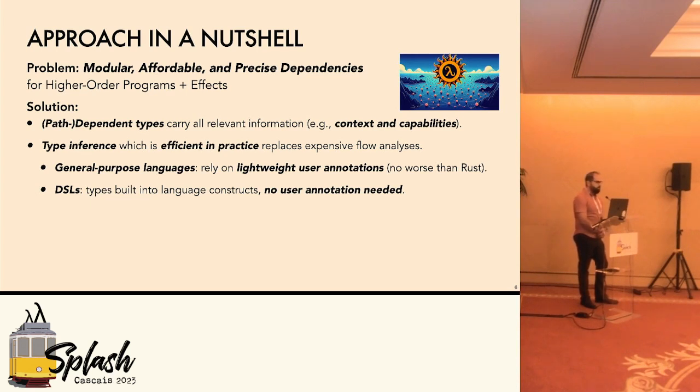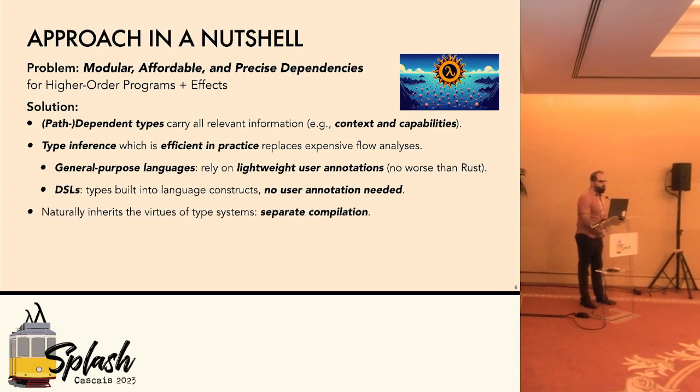There are two modes of use here that we propose. For general purpose languages, we rely, like in the usual type inference case, on lightweight user annotations that also serve as documentation, and it is no more complex than Rust. And in more specific cases like DSLs, we can use the constructive nature of DSLs to hide the information for dependencies from the users and just leverage the constructive properties of the language.